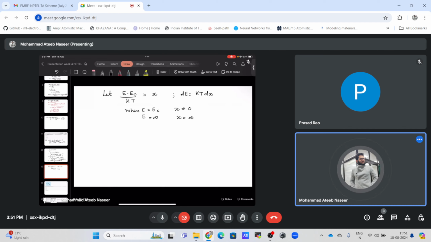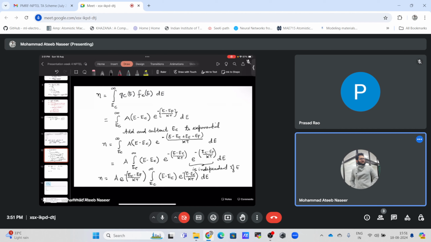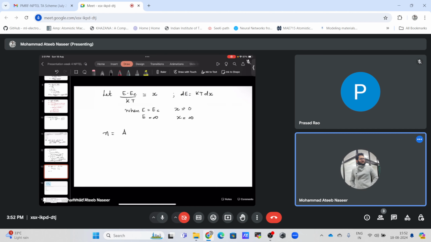So these are the limits. Now it is A times exponential of EF minus EC by KT.